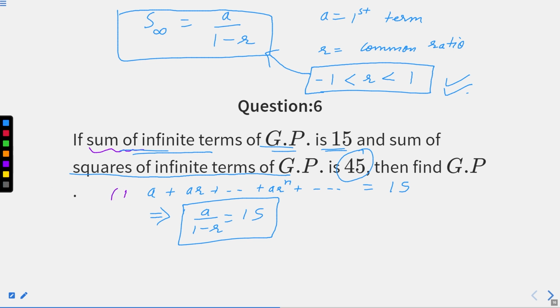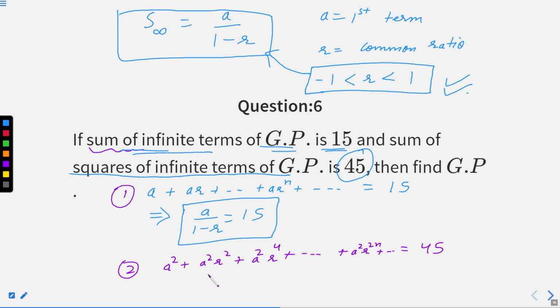Now the first was this, the second will be A square plus A square R square plus A square R to the 4 up to A square R to the 2n plus and so on is equal to 45. Clear?